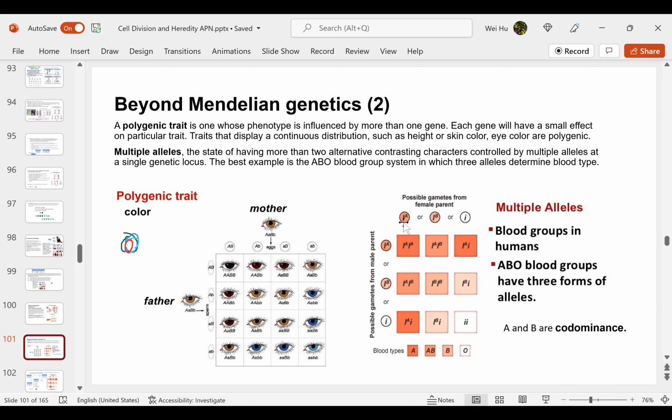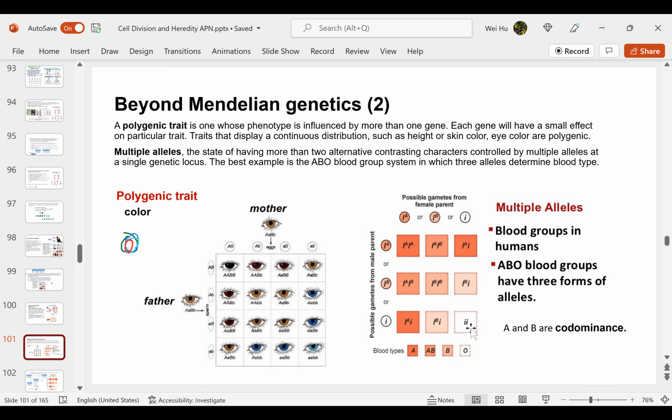So you can choose A and A, so you have A blood. If you choose A and i, you also have A blood. If your parents give you A and B, then you are AB blood, okay? If your parents give you B and B, you are B blood. If your parents give you i and i, you are O blood.